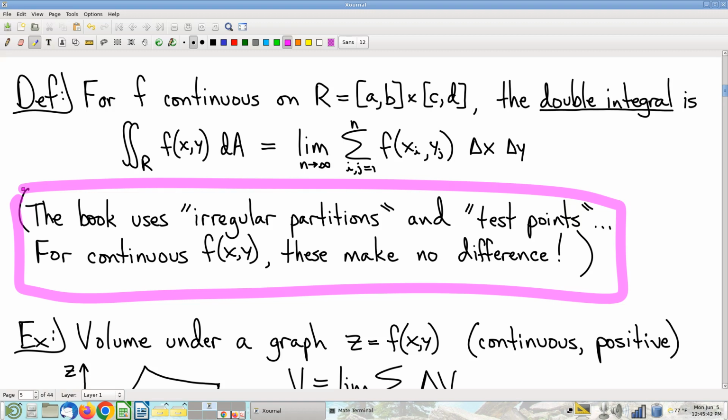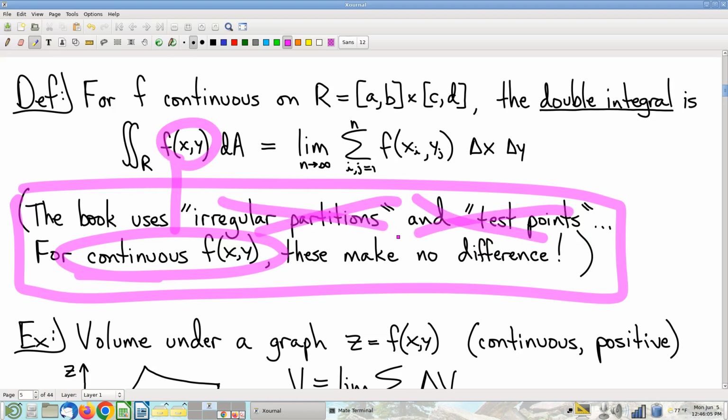So I'm not going to do any of this stuff about irregular partitions and test points. It really does matter in some circumstances. These are really important ideas. It's not preposterous. This is good stuff. But we're going to be in this course focused on continuous integrands. And when your integrand is continuous, none of this stuff makes any difference, and so we're not going to bother with it. Okay, so you can skip all that stuff in the textbook.